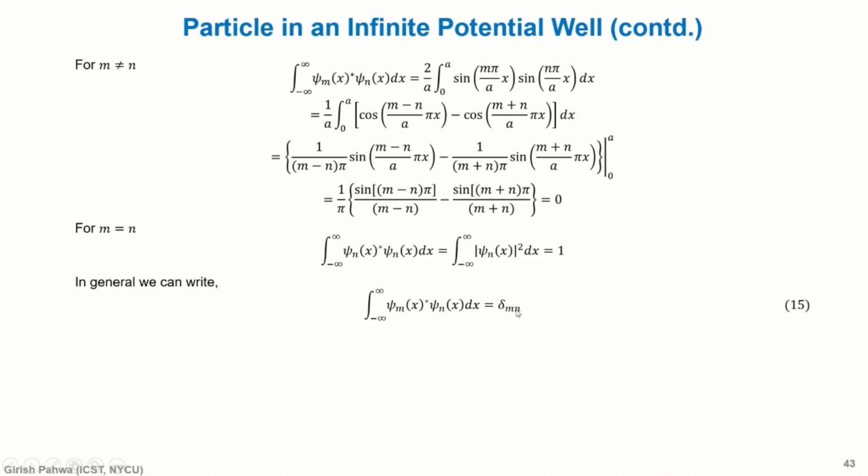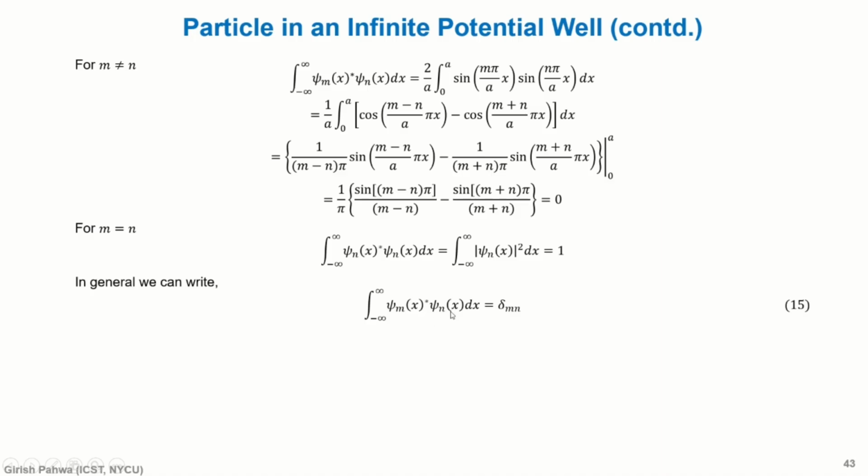When m is equal to n, you get 1. When m is not equal to n, you get 0. They are called orthonormal functions. So psi m and psi n are orthonormal functions, right? And you can also write it in the form of a dot product.